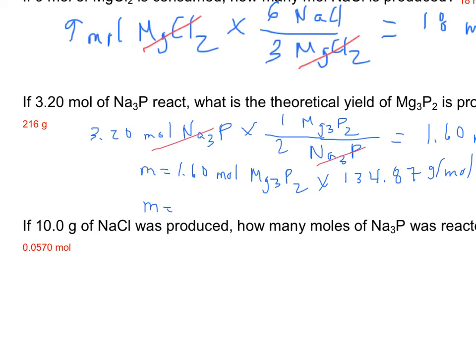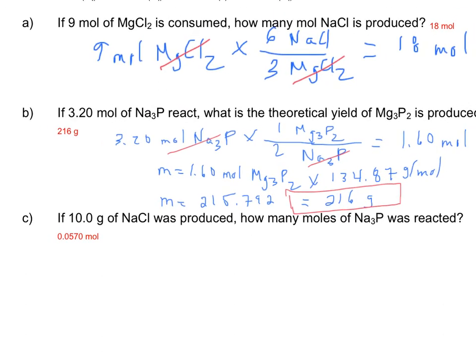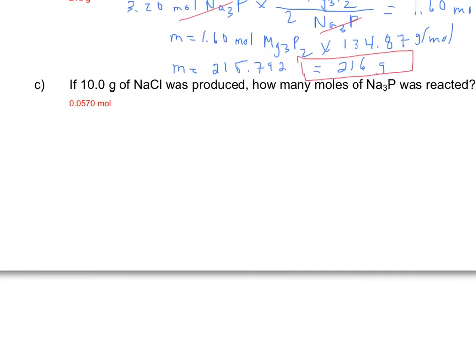My calculator tells me that I'm going to get 215.792 grams, but rounded with proper sigdigs, I'm going to get 216 grams as my final answer. Try out example C on your own. Pause the video here until you get your final answer.